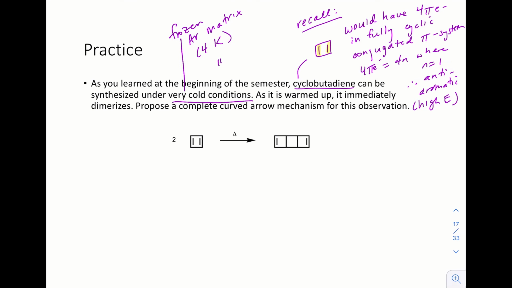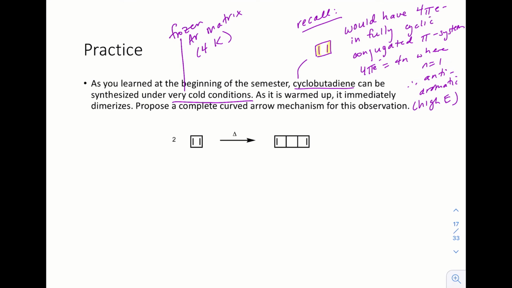And you may recall they noticed it was behaving more like two isolated pi systems, where there were two short bonds and two long bonds, than a conjugated system, since that conjugated system would be anti-aromatic. All right, you can review that lesson if you'd like to refresh your memory more on the details of cyclobutadiene.